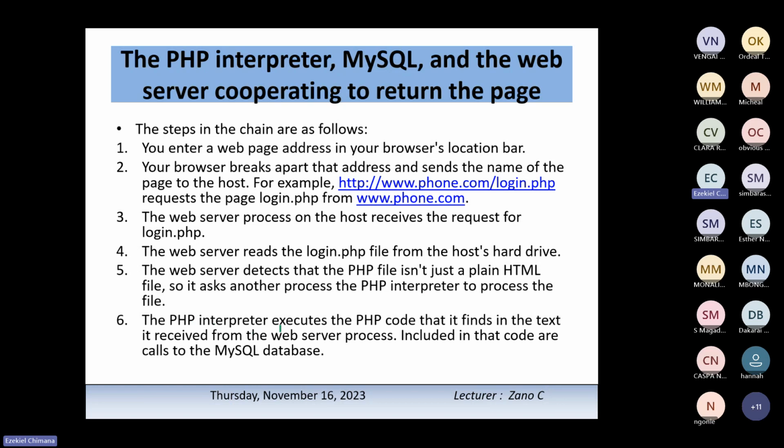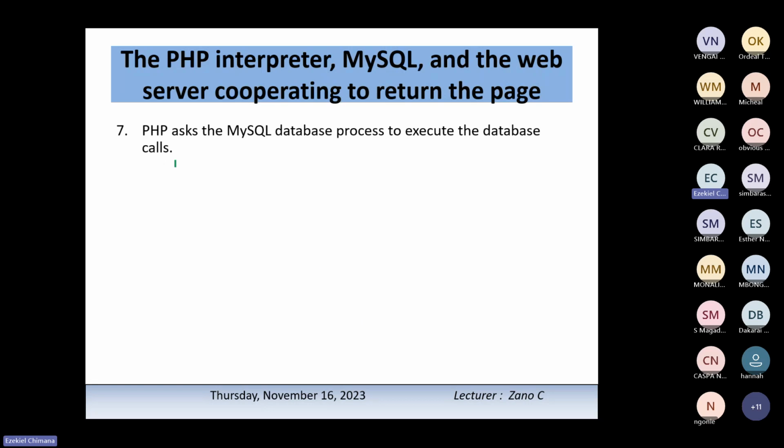So the PHP interpreter executes the PHP code that it finds in the text it received from the web server process, including the code's calls to the MySQL database. Just like that. So PHP asks the MySQL database process to execute the database calls.